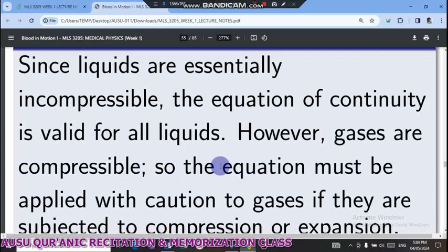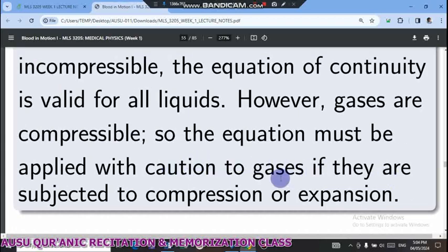So the equation must be applied with caution to gases if they are subjected to compression, because sometimes we can compress a gas, and a gas can expand. And if there is compression or expansion, density is no longer constant. Why did I say that? Density is mass over volume.